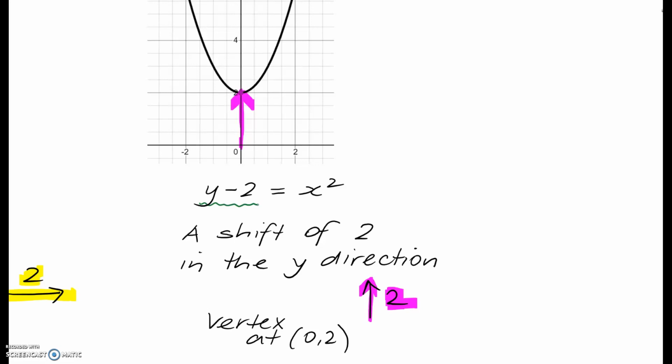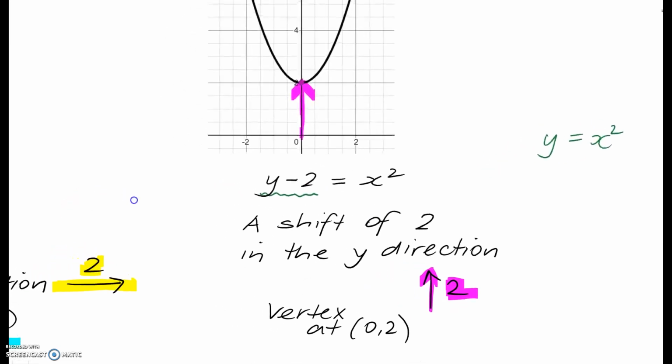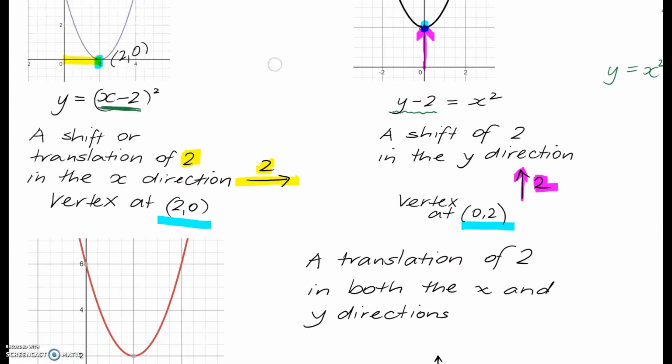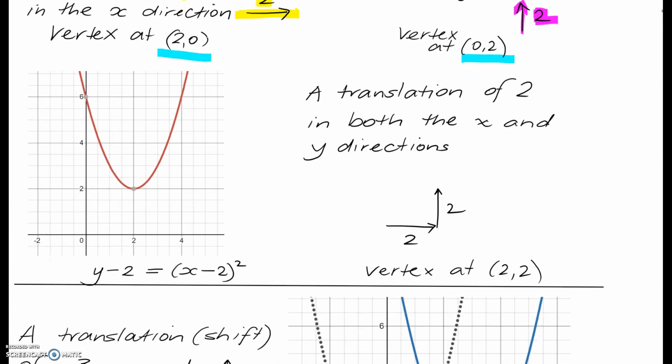So instead of y equals x squared, which was my basic one before it got moved anywhere, I've now had to adjust the y. It got shifted. So that's why I've got here y minus 2 equals x squared. It's got a shift of 2 in the y direction. And where's the vertex? The vertex is right there, which is at 0, 2. Okay. Now let's have a look at another one here.